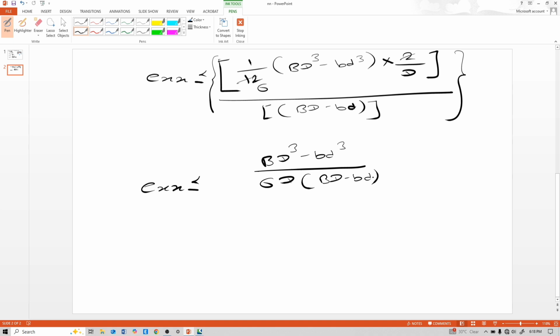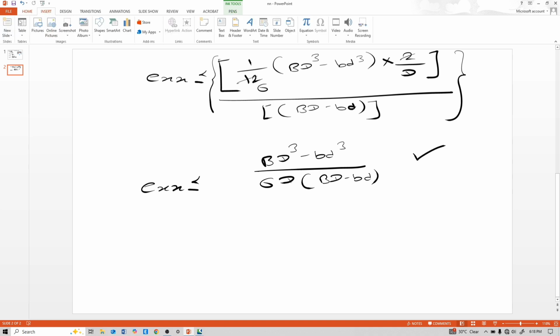Check it. Yes, exx should be less than or equal to (capital B capital D cube minus small b small d cube) over 6D (BD minus small b small d). So this is correct.